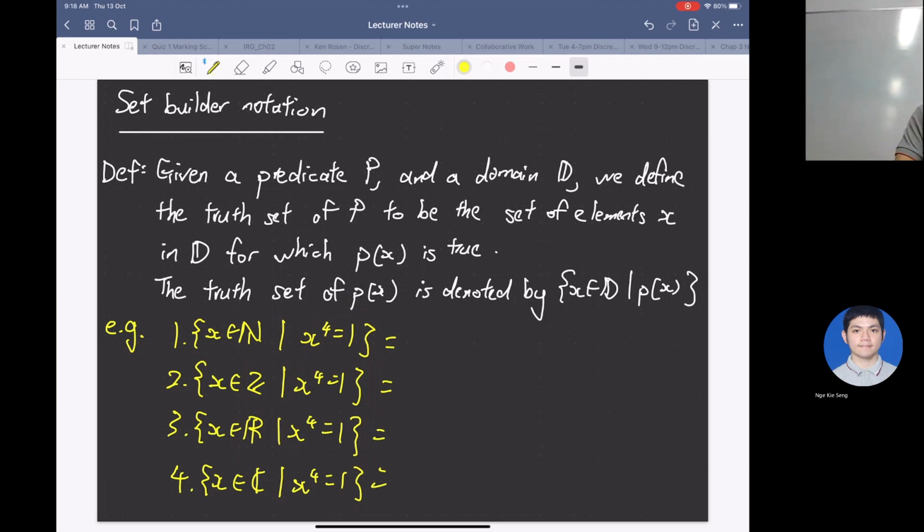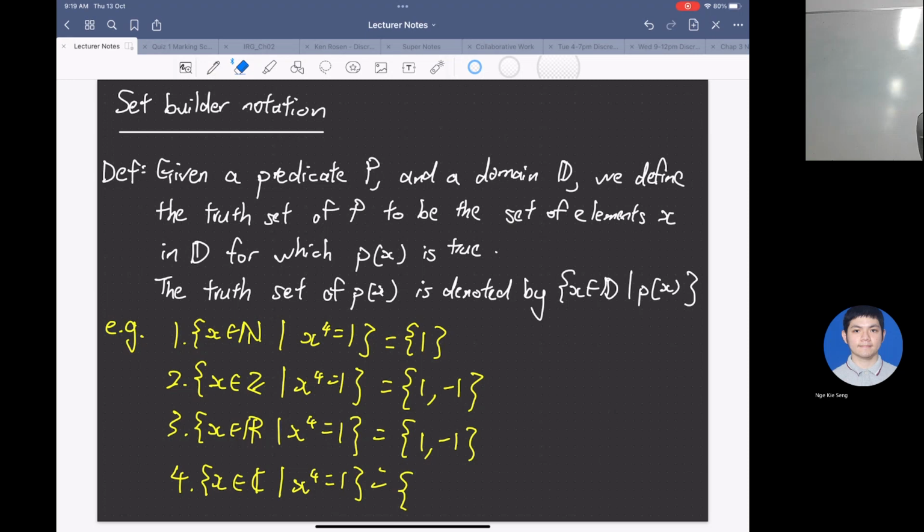So what are the numbers in the natural numbers that satisfy x to the 4 equals 1? 1. Anything else? No? Okay. How about in Z? 1? Anything else? Minus 1? Anything else? No? How about in the reals? 1, minus 1. Okay. How about in the complex numbers?